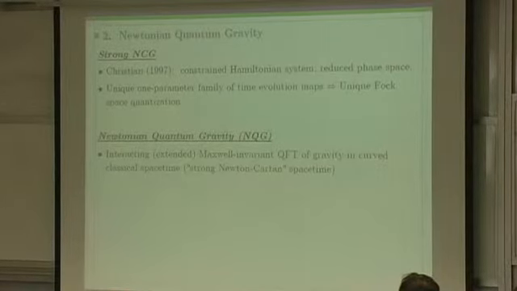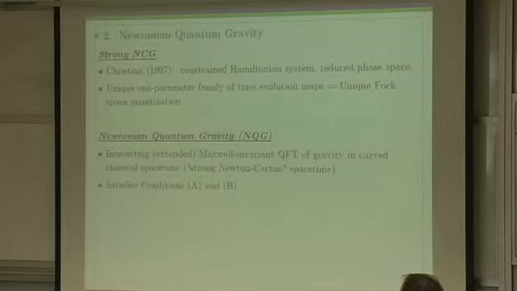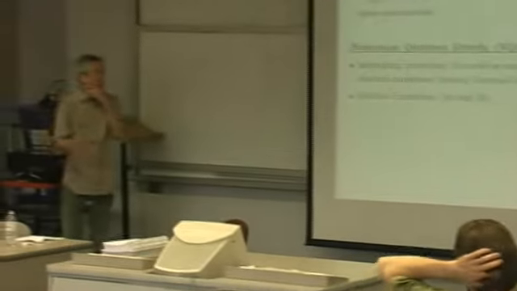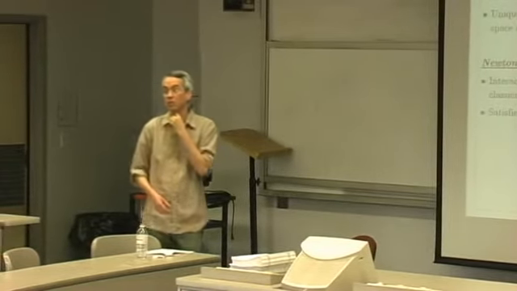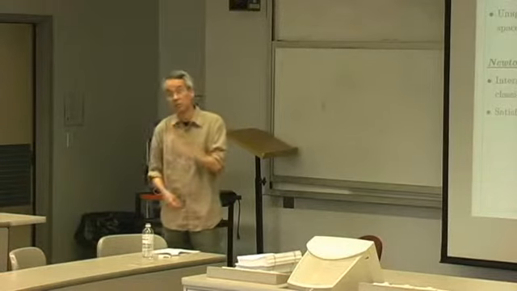Now, as a non-relativistic quantum field theory, it satisfies conditions A and B of the received view's notion of particle. And it's interesting to compare it with standard attempts to construct relativistic quantum field theories of gravity.